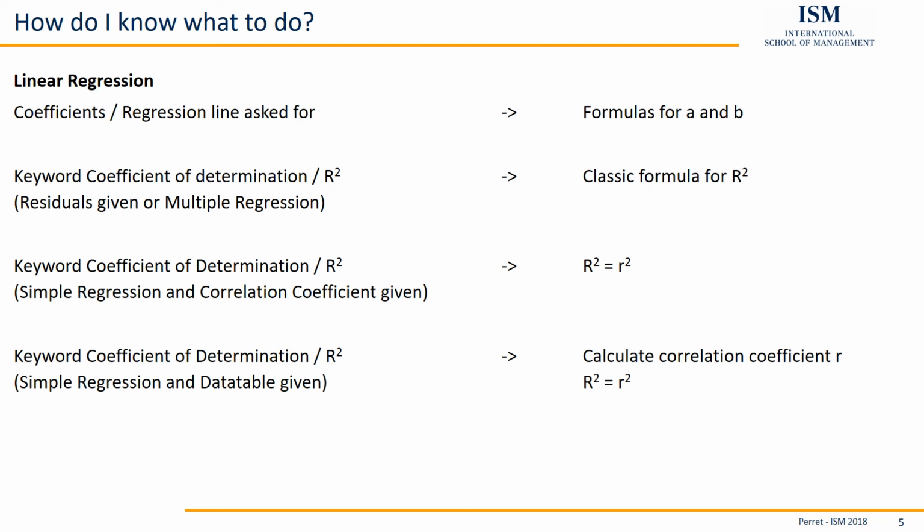So it's usually the easiest way, if you have a simple linear regression, 1 x, 1 y, to just calculate Pearson's correlation coefficient r and square this to get r squared. Only if you have a multiple regression, more than one independent variable, then you have to use the classical formula for the r squared. So then it becomes a bit more problematic.